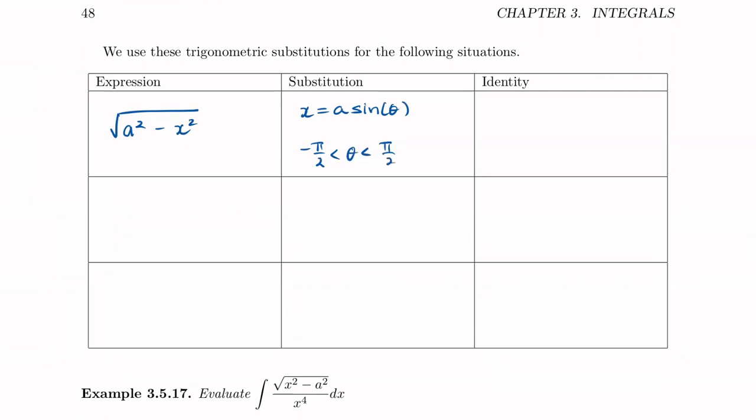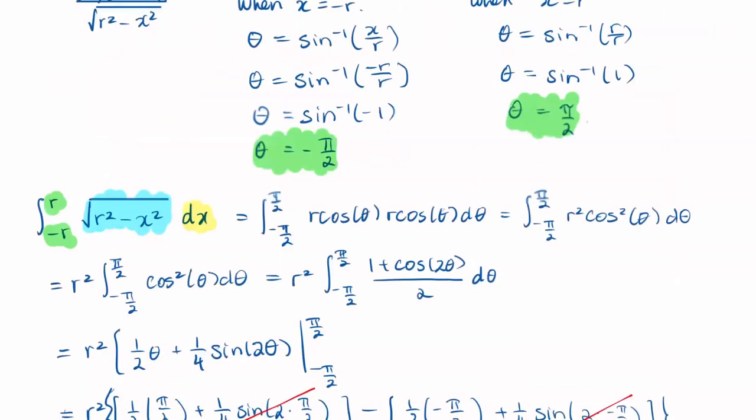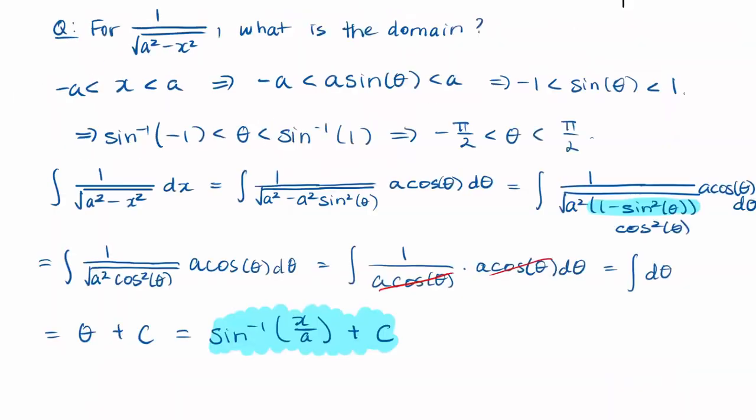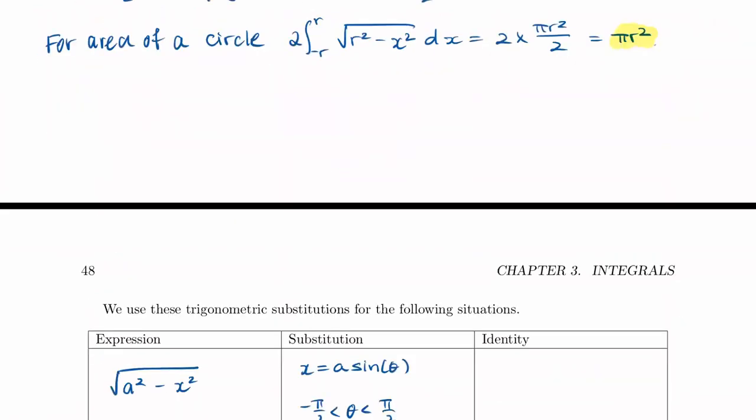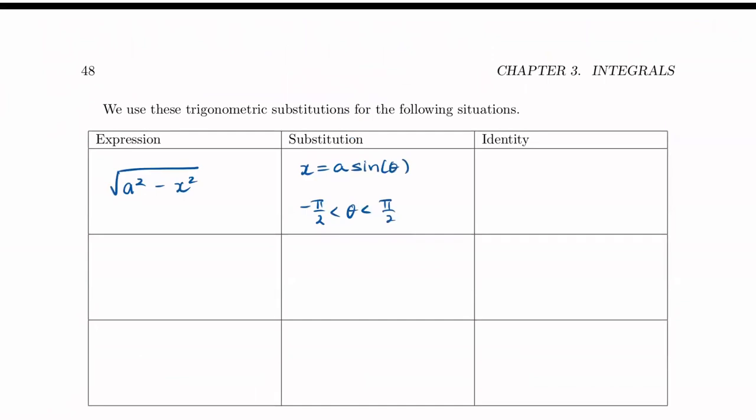The identity we use is the Pythagorean identity: cos squared theta equals 1 minus sine squared theta. So that's for the first row.